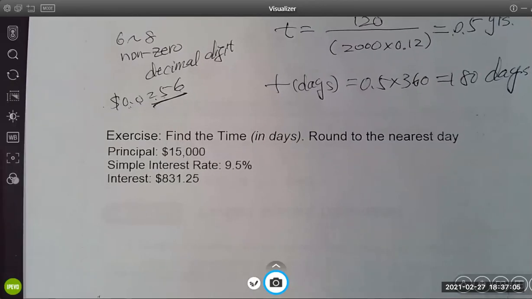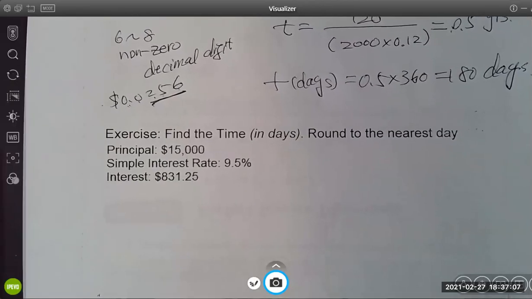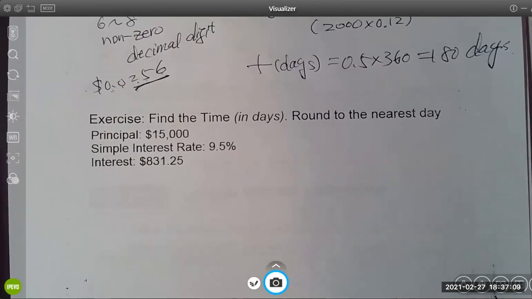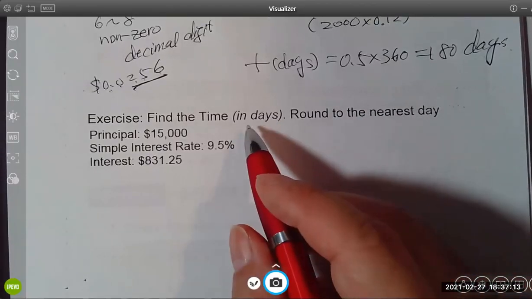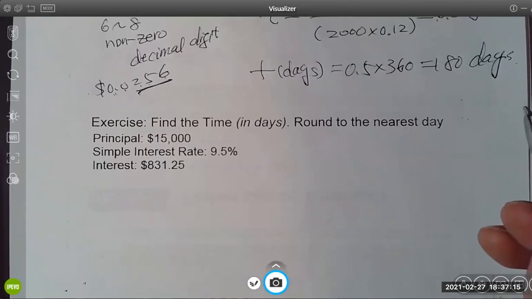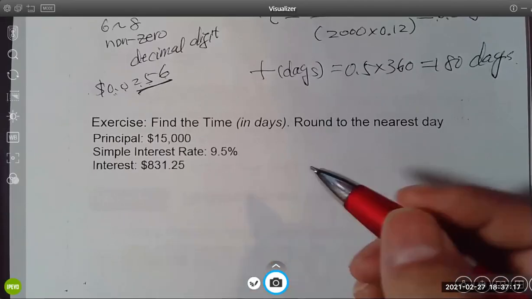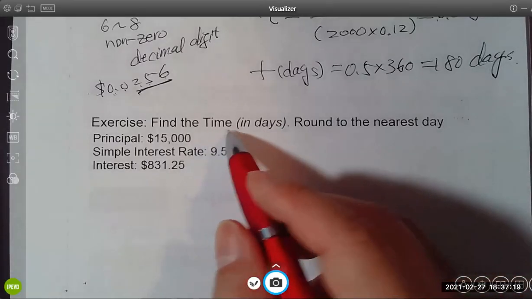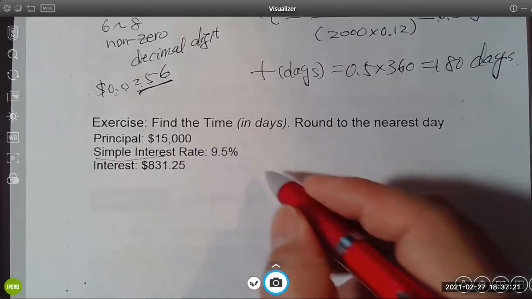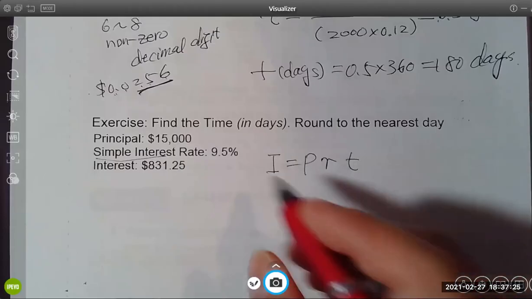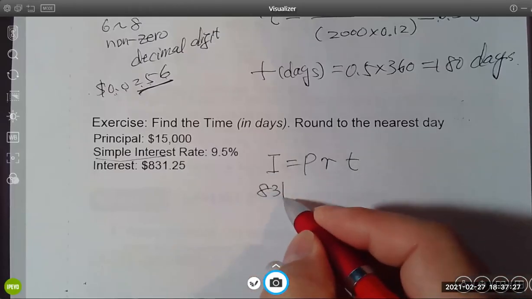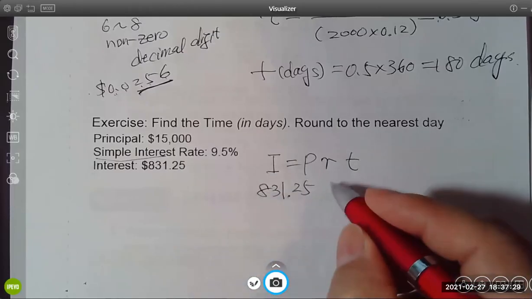Okay, now let's look at this one. This is the exercise. We do this one because this is in terms of days. We don't have this kind of example very often. So let's do it one more time. So we still find time in this simple interest account. So I equals PRT. I is $831.25.